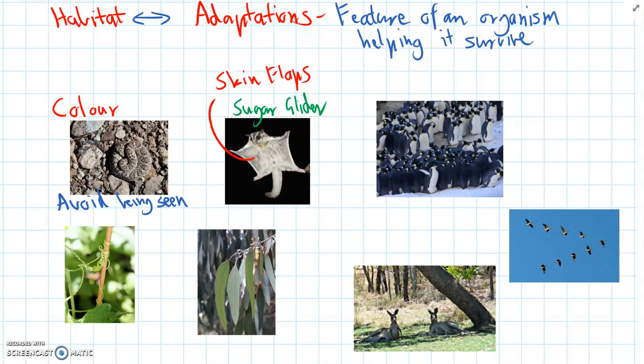And it's evolved these skin flaps as an adaptation, which help it to glide between trees. So this means that the sugar glider doesn't need to run along the ground, so it doesn't risk being eaten by other predators, and it can save energy by gliding between trees. It doesn't have to climb all the way down and then all the way up the next tree.